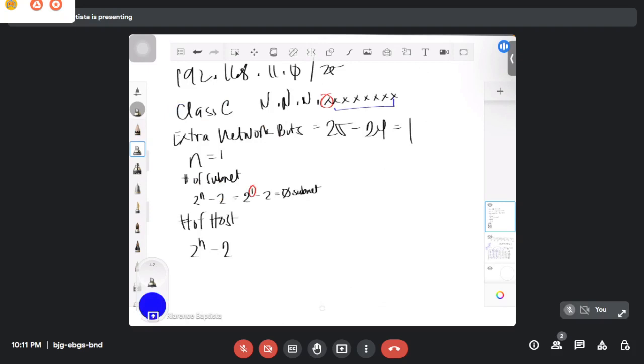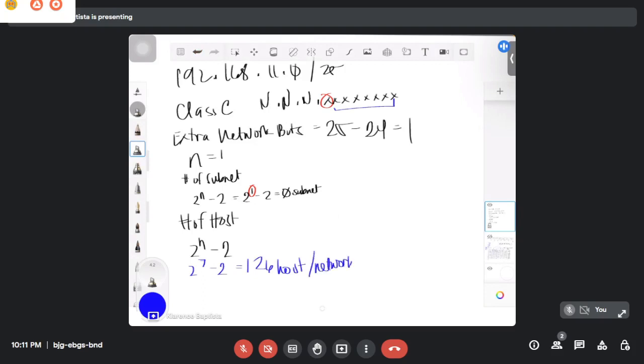So, it's 2 raised to 7 minus 2 is equals to 128, 126 rather, minus 2 pa pala natin. So, 126 host per network.